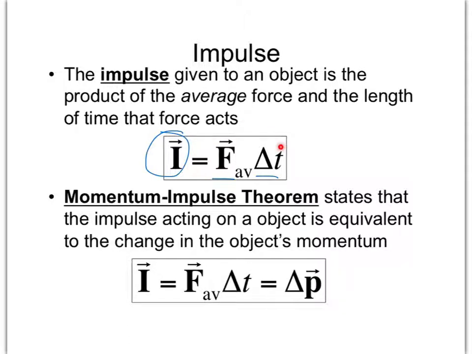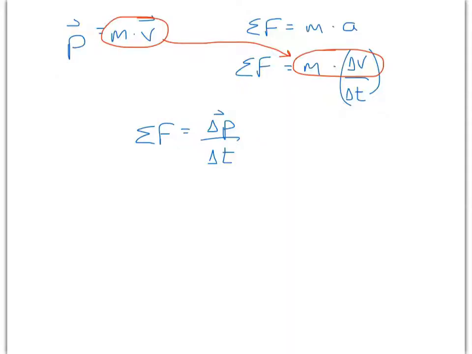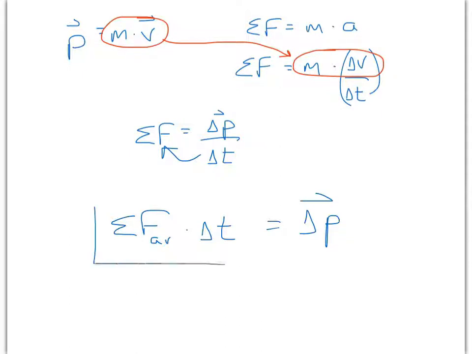But since we just talked about the fact that force and time are linked to each other through what? Let's back up again. Through momentum, right? Through a change in momentum. We can take this equation right here and rewrite it. So we can say that the net average force, multiplied by a change in time, equals our change in momentum.